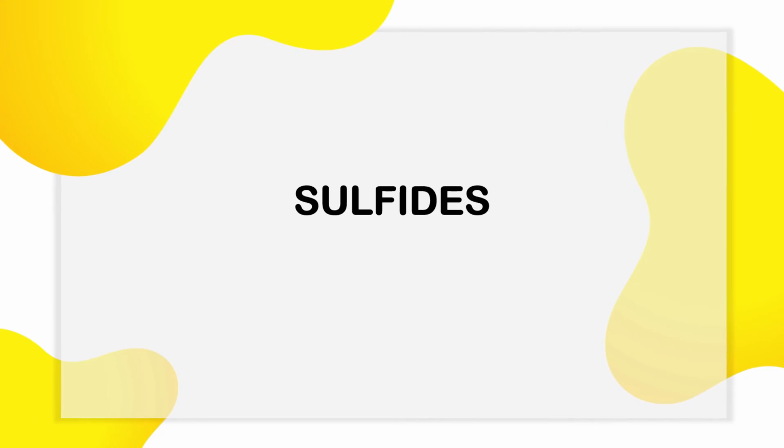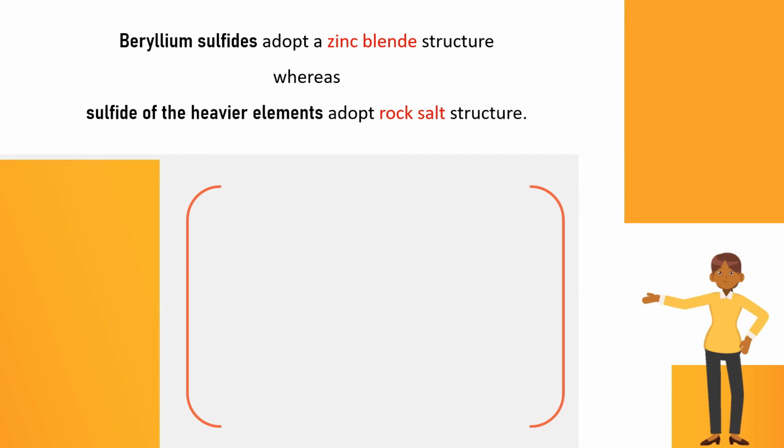Sulfides. Barium sulfide adopts a zinc blende structure, whereas sulfides of the heavier elements adopt a rock salt structure.